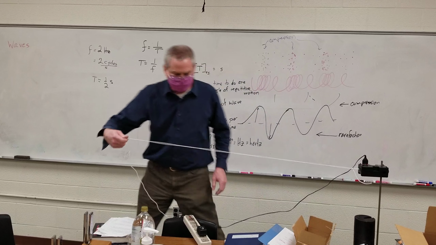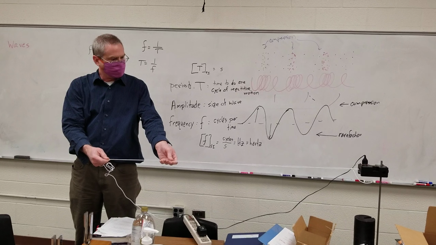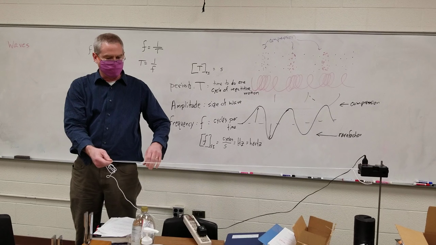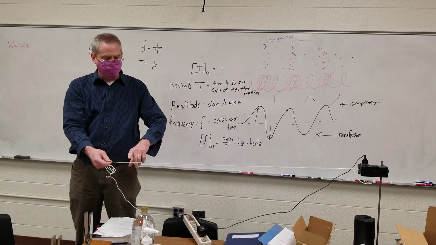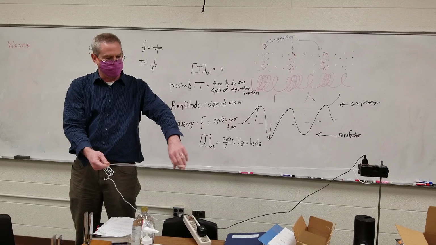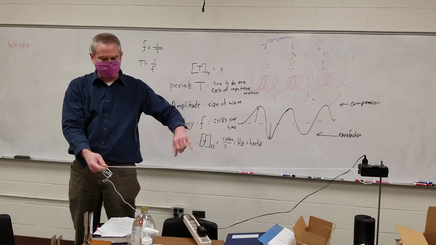That one's looking better. All right, so I've got an anti-node here. If I can keep my hand steady, there's a node here, anti-node. Node, anti-node. So 1, 2, 3, 4, 5, 6, 7 antinodes.